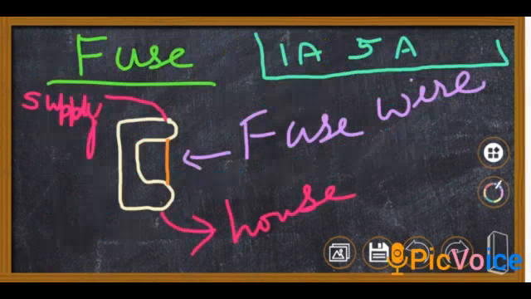When the fuse wire melts, the electricity to your house is stopped, because now it becomes an open circuit, it is not closed. There is no connection from the supply. The connection was through the fuse, and the fuse wire has melted. So the electricity to your house is stopped, and your appliances are not going to be damaged. Whatever damage is there will be caused to the fuse wire. Then you can bring another wire and put it there. So fuses can be changed.